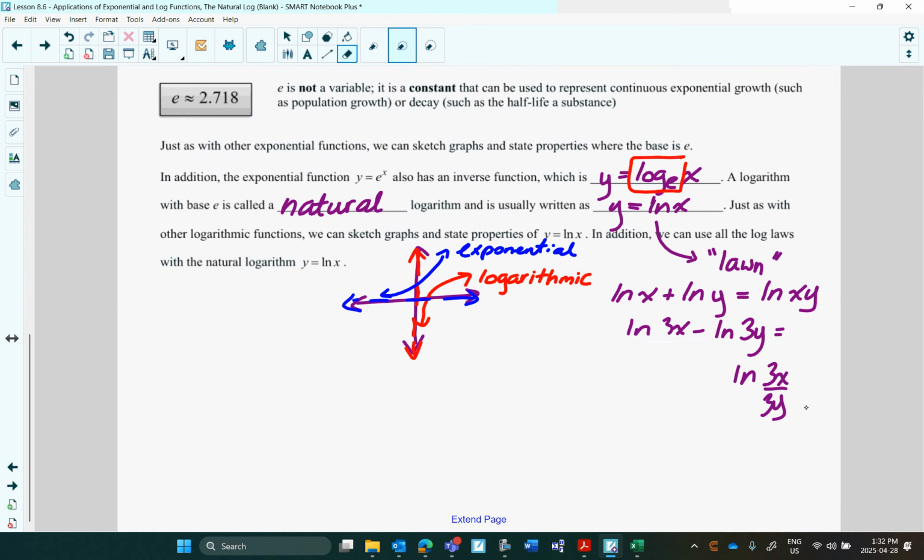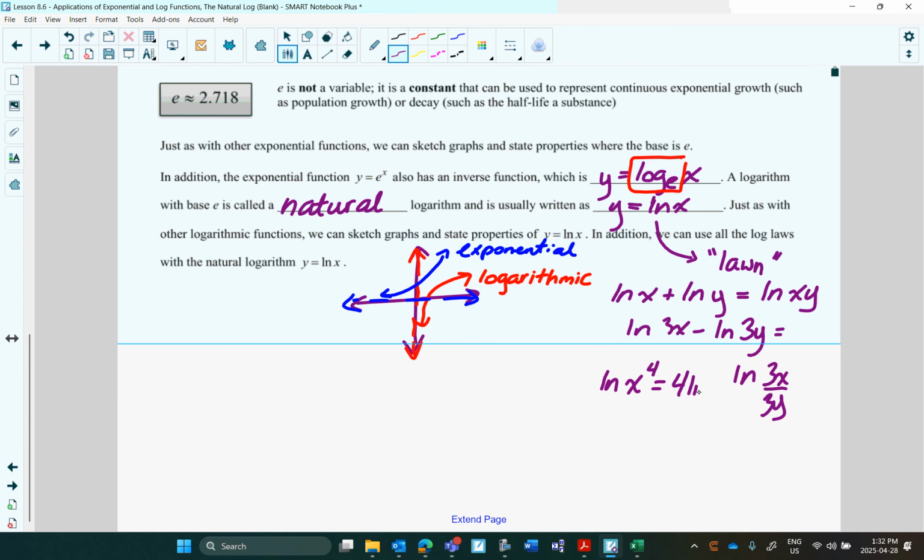And then the final one, how could I write that? 4 ln x. Okay, so that's what it means by using the log laws. And we can sketch the graphs. So it'll be the red one. Just don't get thrown by the fact that it just says the letter e.